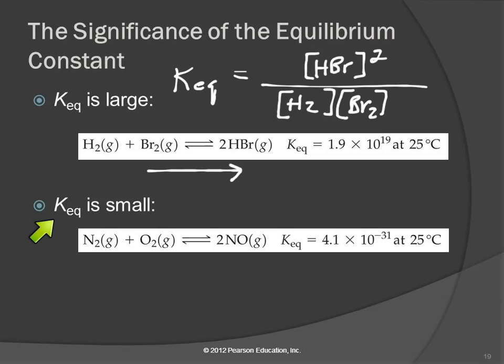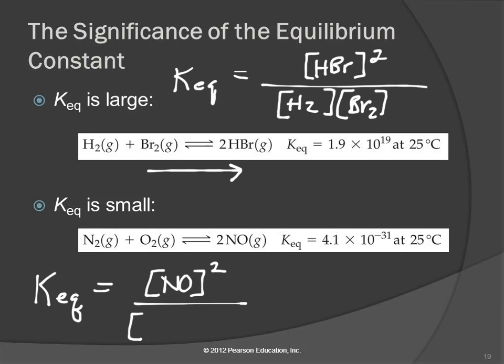Down here, KEQ is small, 4.1 times 10 to the minus 31. I think small is an understatement. That's incredibly small. KEQ for this one is going to equal NO squared, right, divided by the concentration of N2 and O2.